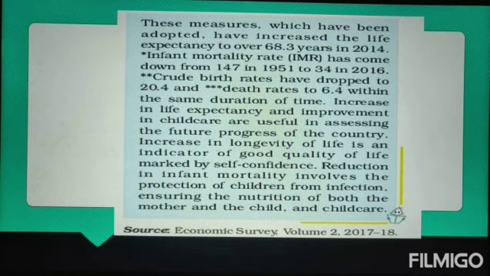IMR stands for infant mortality rate, and it indicates the number of children that die before the age of 1 year as a proportion of 1,000 live children born in that year. So in 1951, 147 children died before 1 year and that number came down to 34 in 2016. Again, this shows improvement in healthcare facilities.